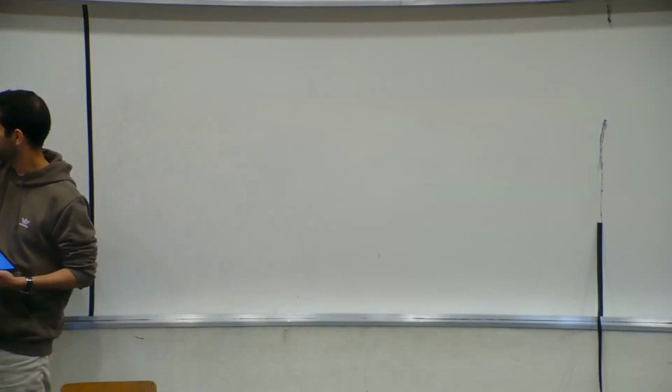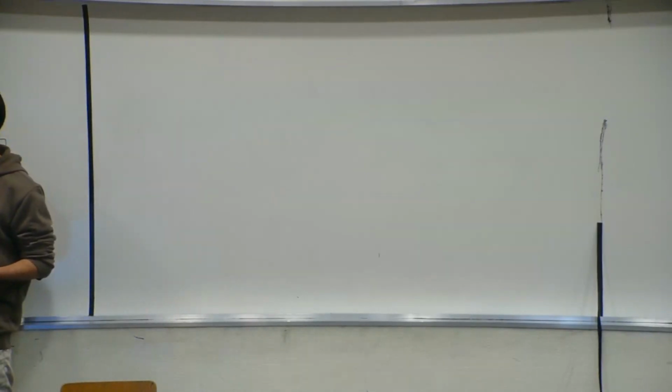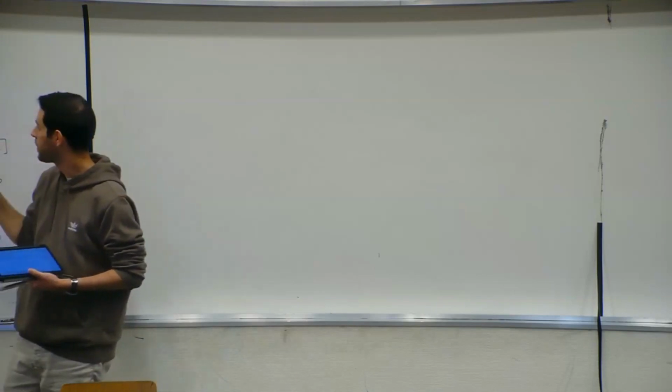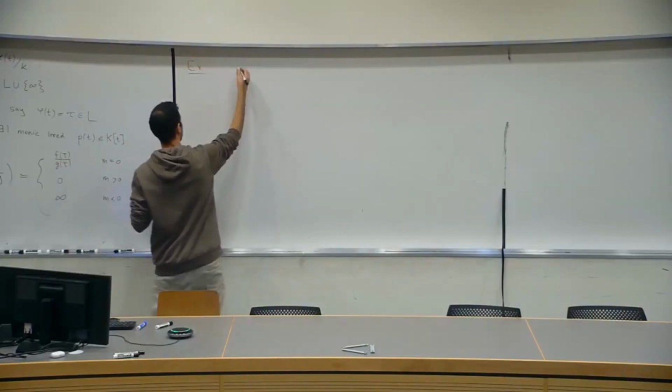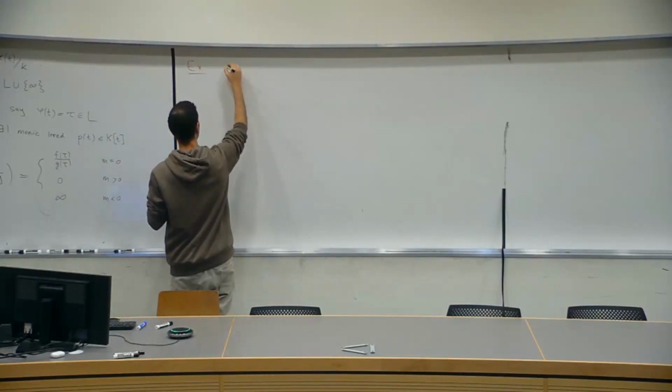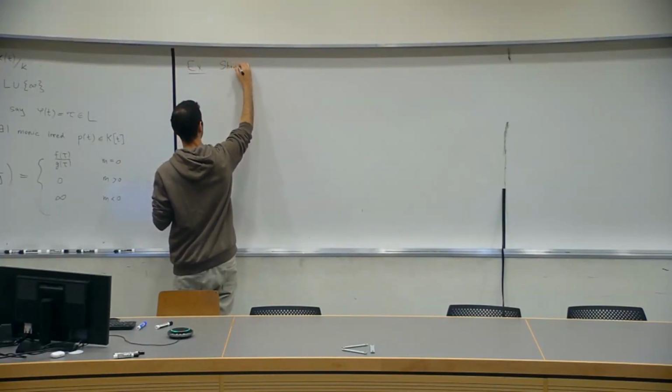Today we used the fact that the residue field is a finite extension of k, isomorphic to phi of k. So this is an exercise: show this.